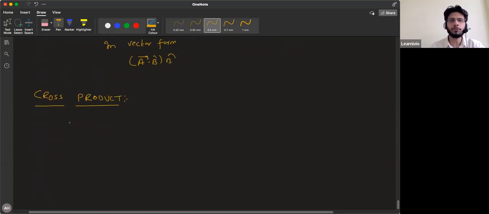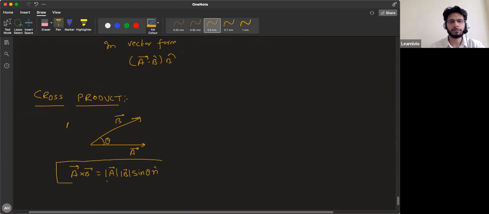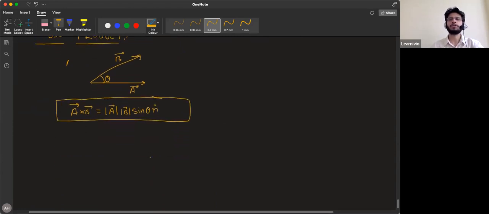But if you take the cross product of two vectors, like this is vector A, this is vector B, and these two are inclined at an angle theta, then A cross B has magnitude of vector A, magnitude of vector B, sine theta, multiplied by n cap. This is A cross B, AB sine theta into n cap, where n cap shows the direction of A cross B.